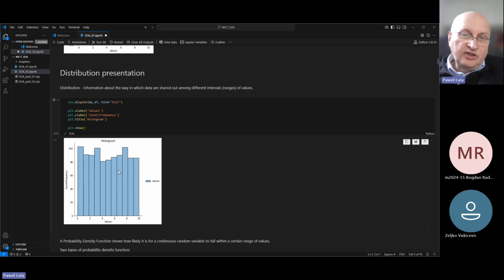It is continuous, sometimes we can say a real variable. And the histogram is the simplest form for presentation of a variable's distribution.